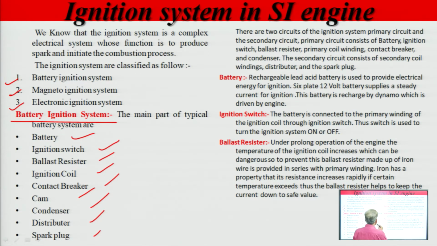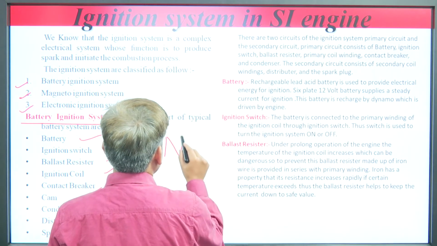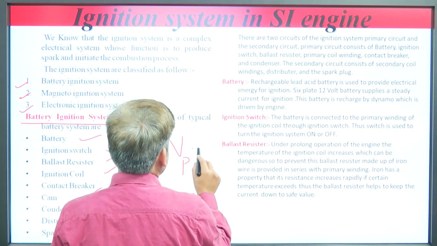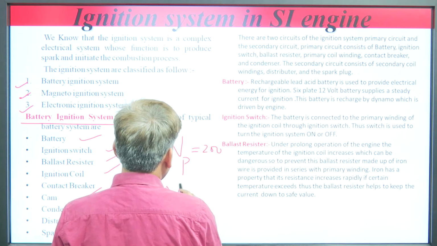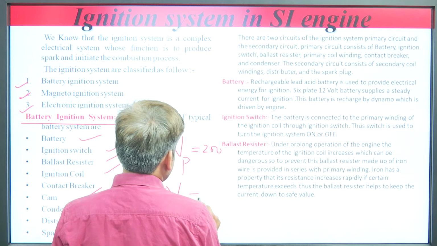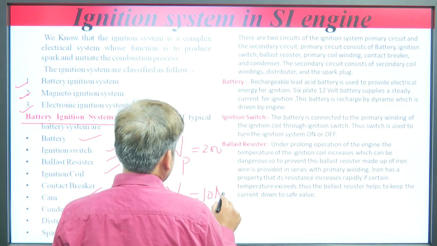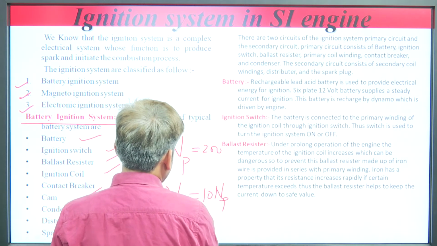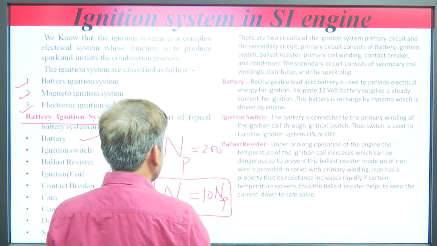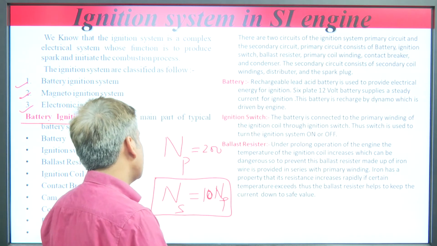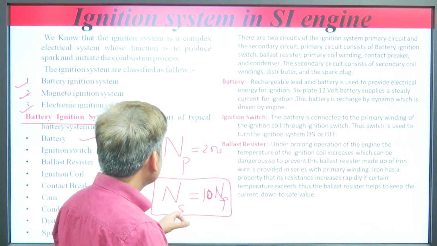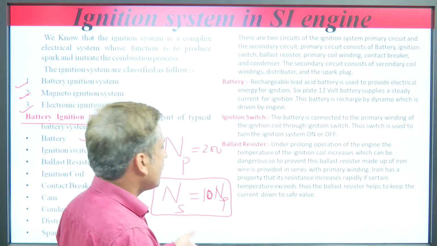In the primary circuit, let the number of turns be NP, about 200 turns, and in the secondary circuit the number of turns is about 10 times that, depending upon the design of the engine. Qualitatively, you can understand that the number of turns in the secondary circuit is very high, maybe 10, 20 times.